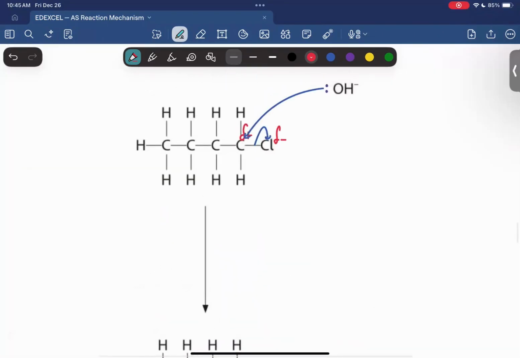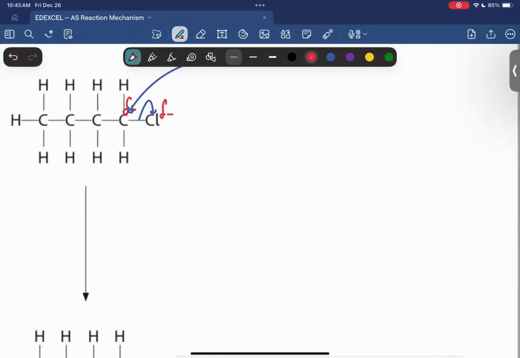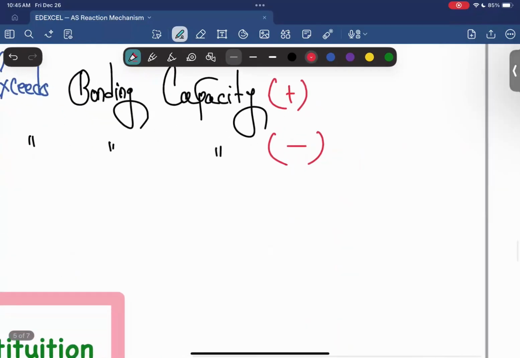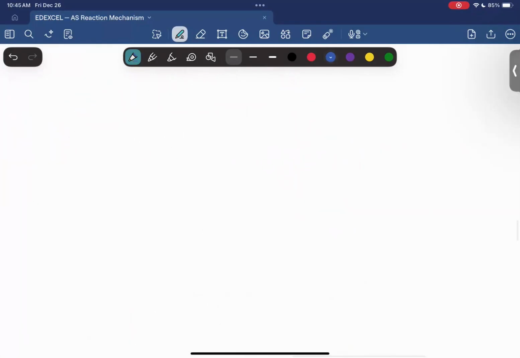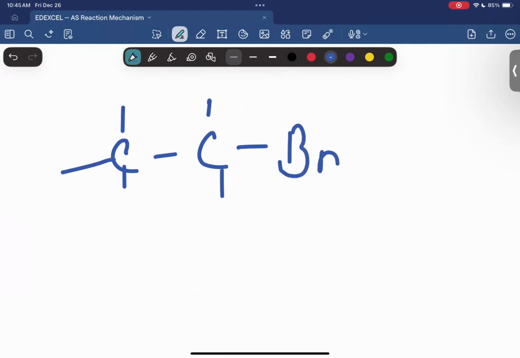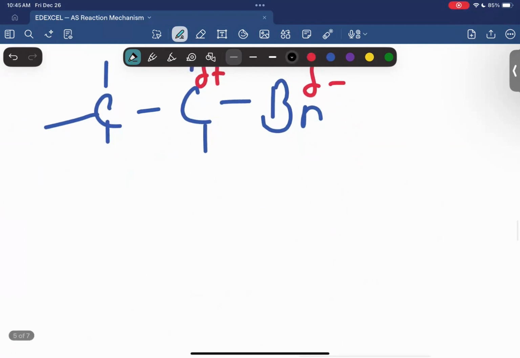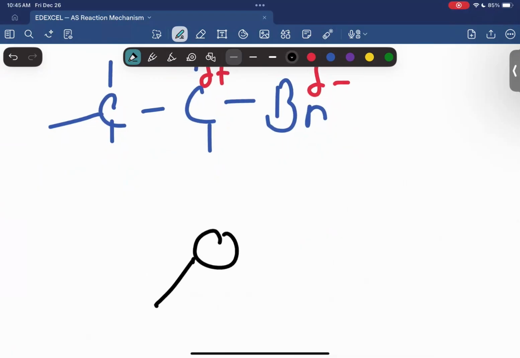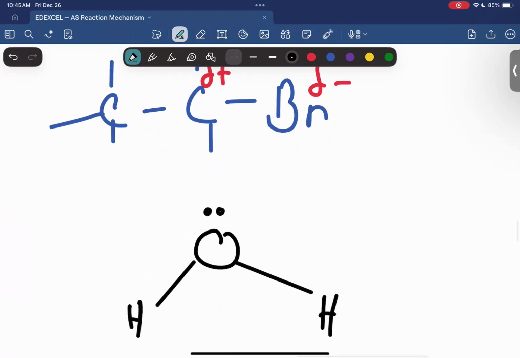So what basically could be the other version of this question? Now let me just get some space, okay? Let's just assume that there's a compound like this. This is bromine and so on, okay? Now, as a result, this is going to be delta plus, this is going to be delta minus. Now, what about if we had water over here? Oxygen basically has lone pair of electrons.